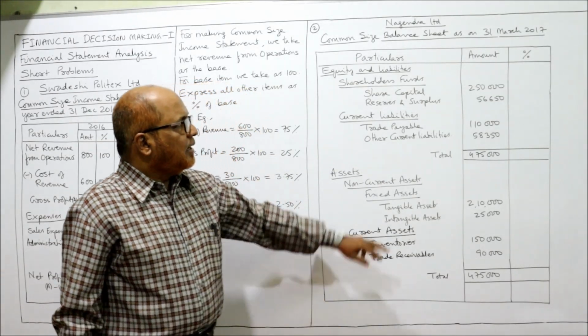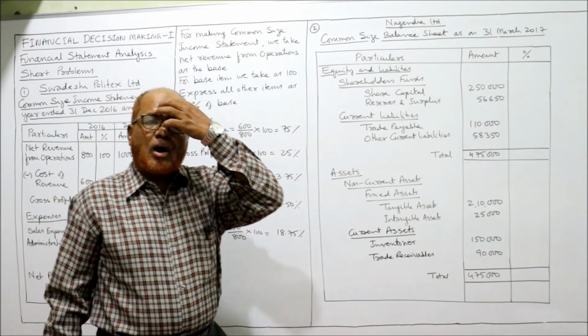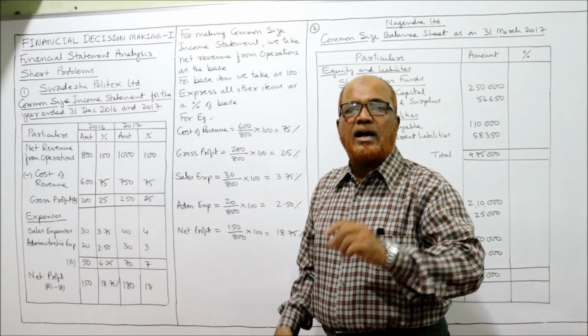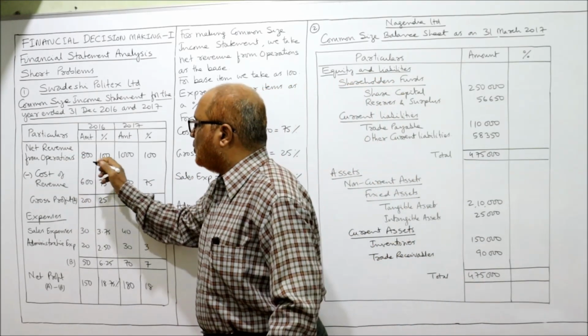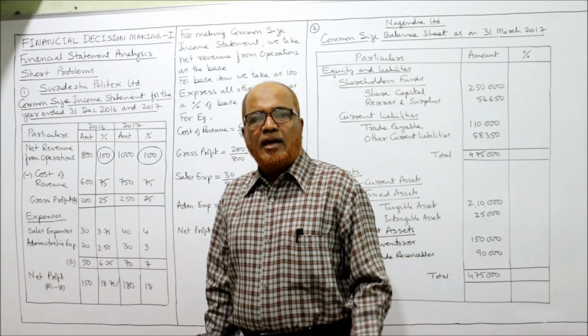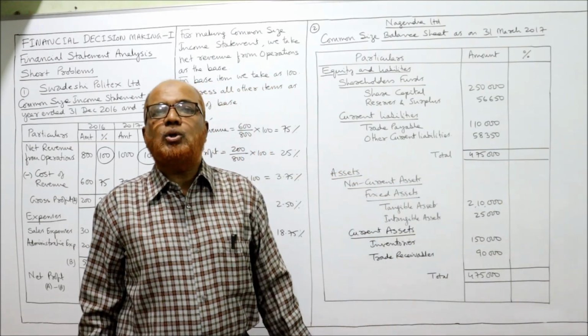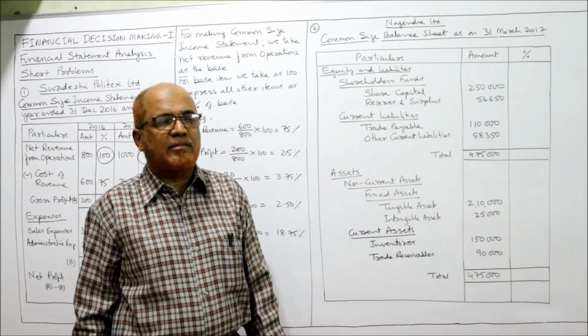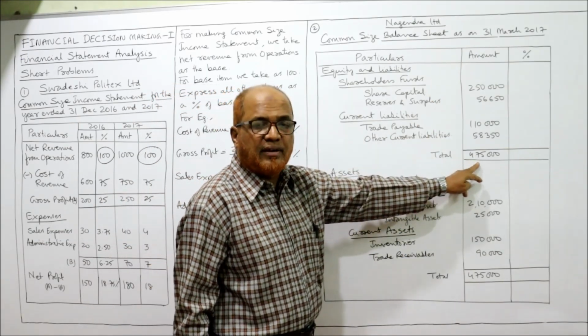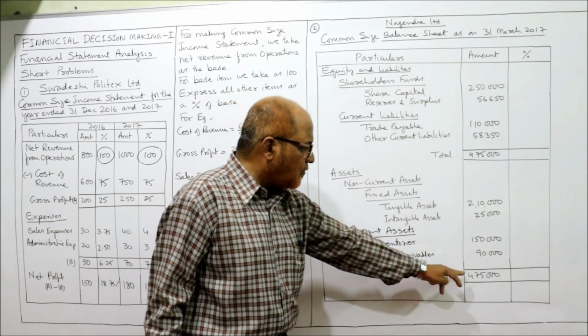Now in common size income statement, we have taken the net revenue as base. In balance sheet, we take the total assets as base. How much is the total assets here? Total liabilities here is 4,75,000, and total assets 4,75,000.